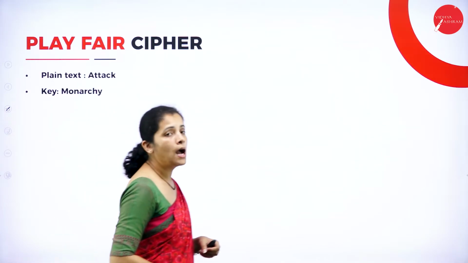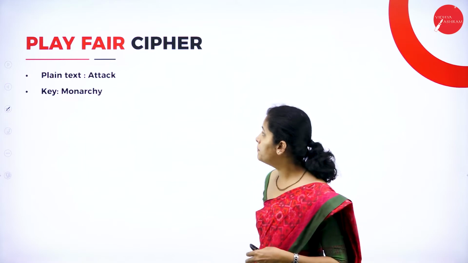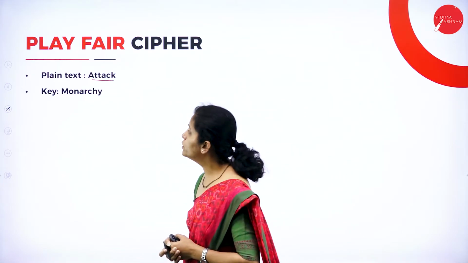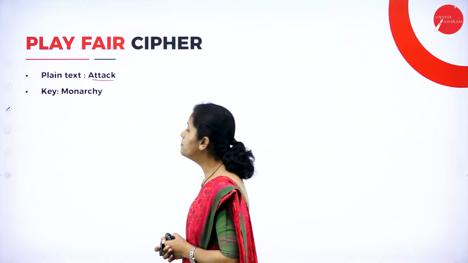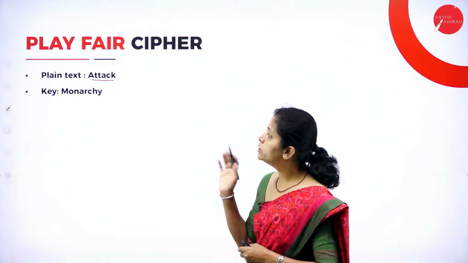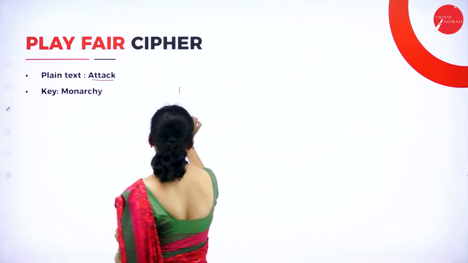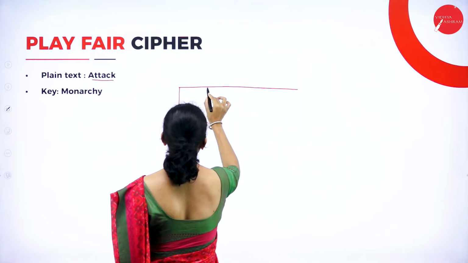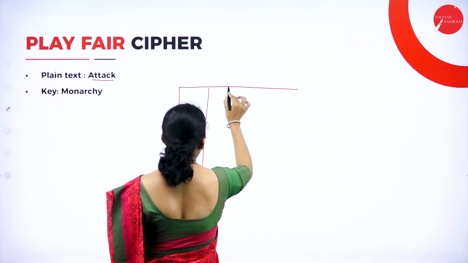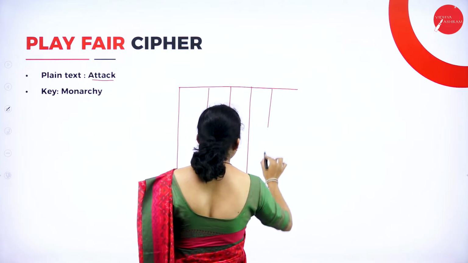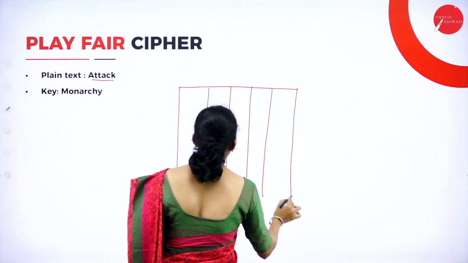See here, I'm going to have the example, that is attack. And I'm going to get the keyword monarchy. So what I want to do, according to the rule, first I want to construct the table or matrix that must have 5 rows and 5 columns.